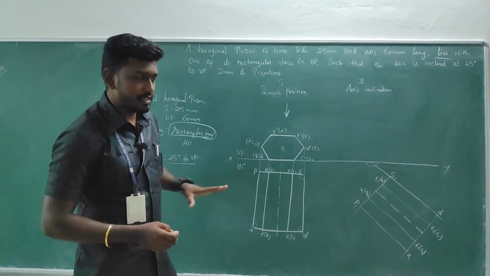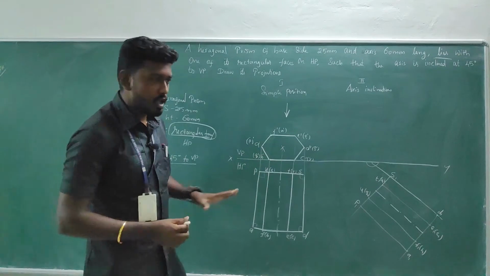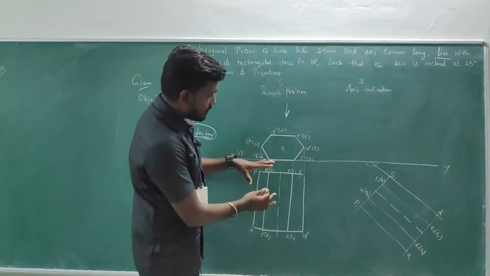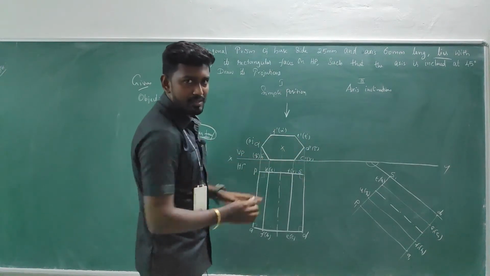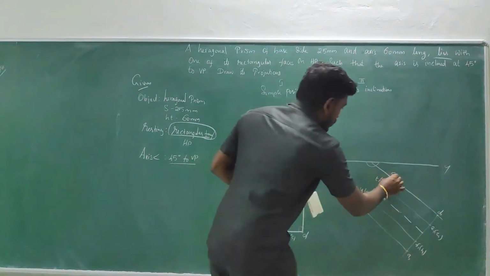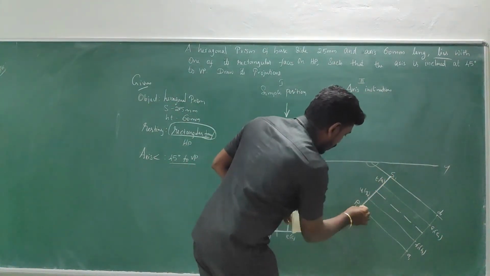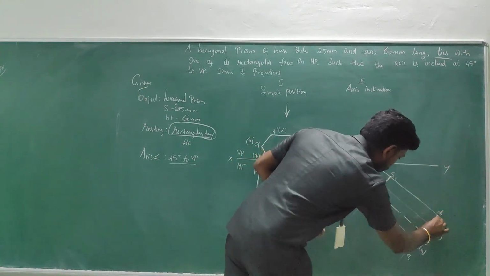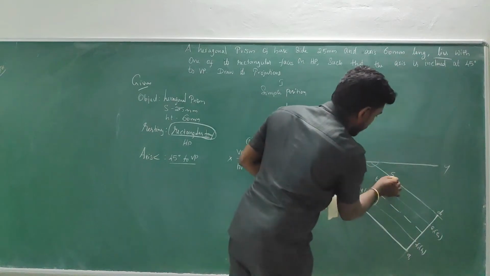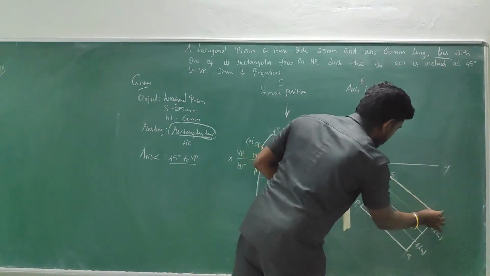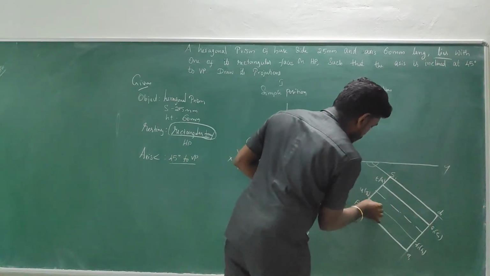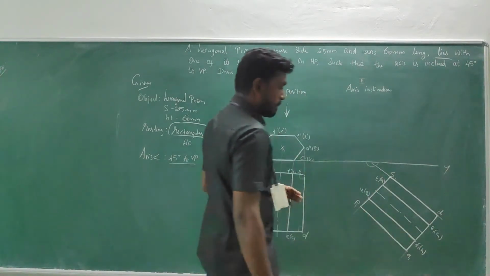So just make all the edges that are captured as visible ones dark. Make the replica of the same image, the top view which we got in the simple position. Make all the things dark. This edge also a dark line, this edge also a dark line.